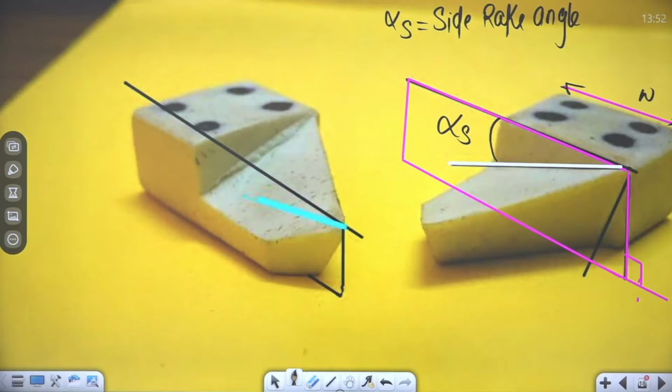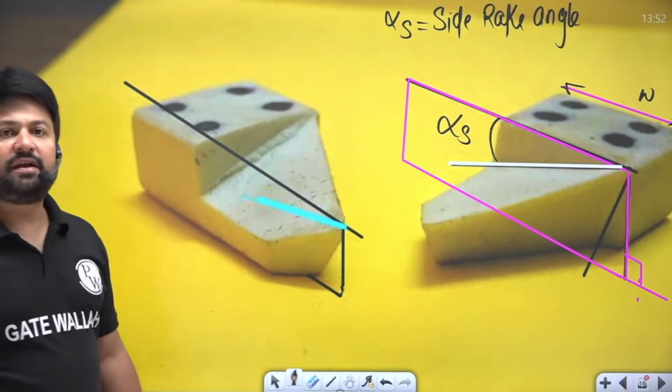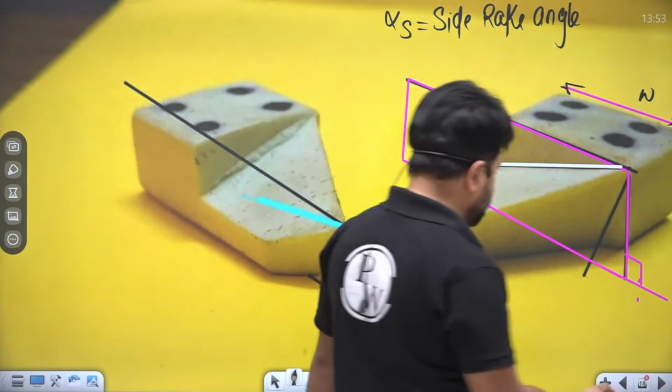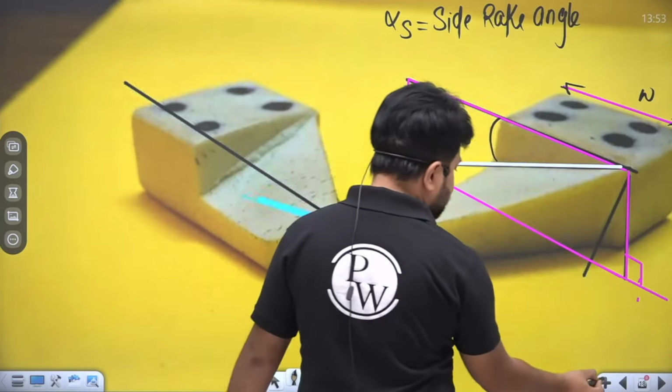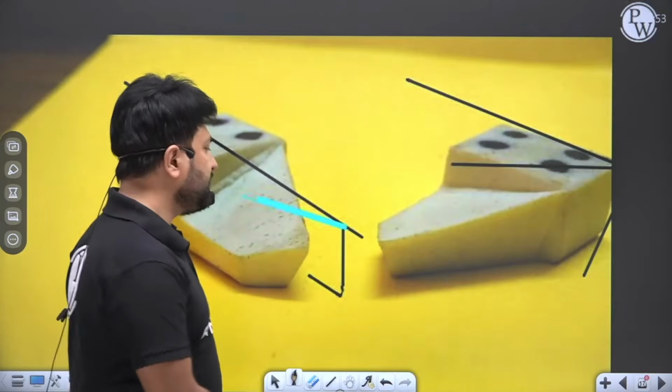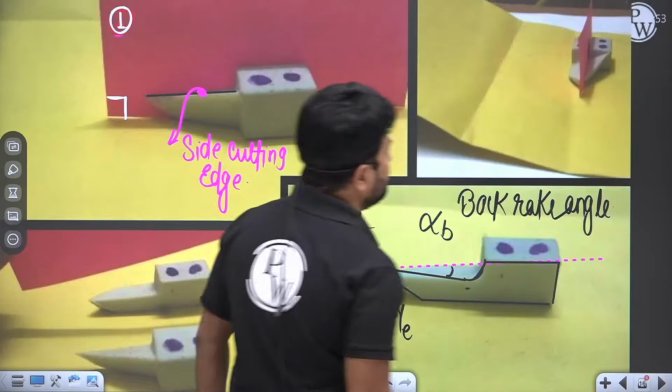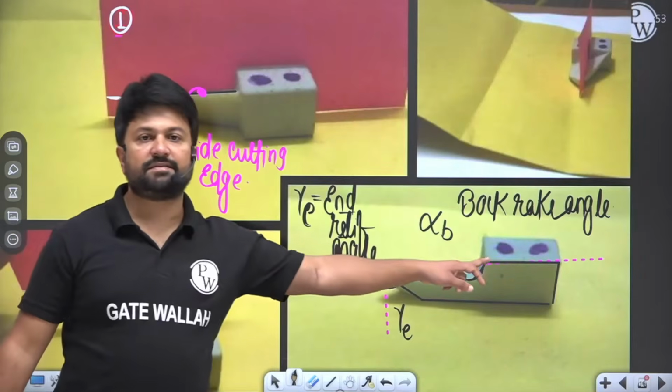Okay, let me give you some detail of your back rake angle. This is a side rake angle, my dear. Here you have seen that this is the back rake angle.